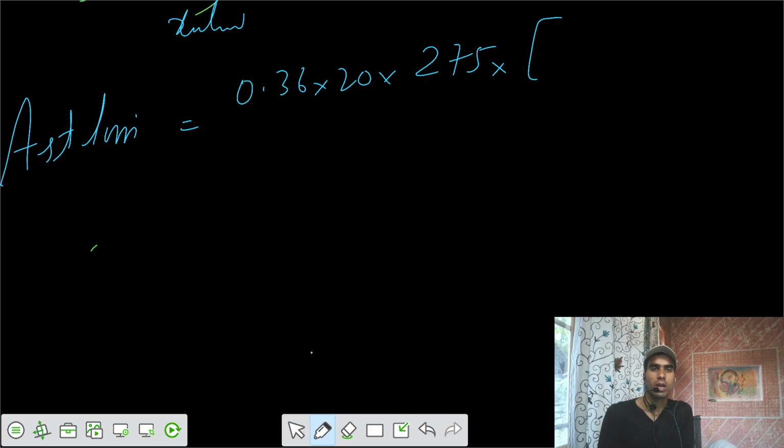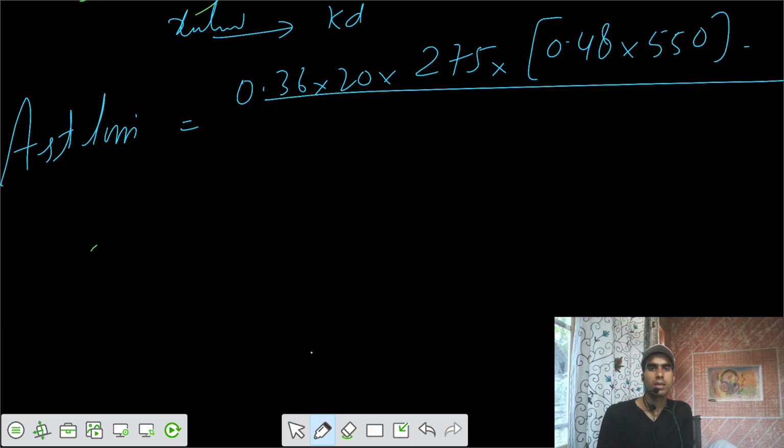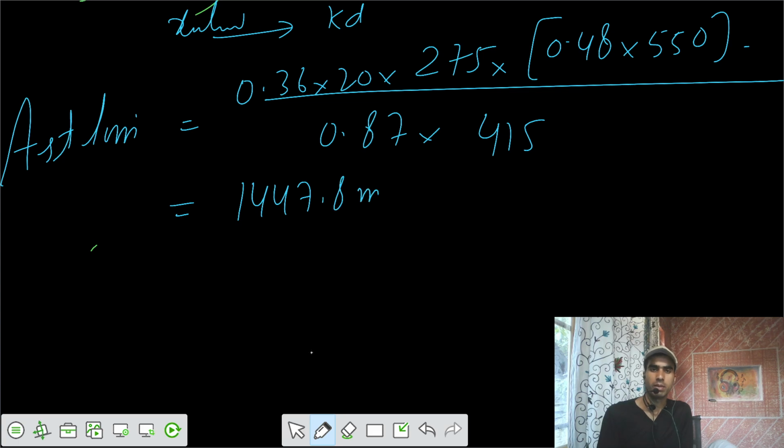The value of XU, we have to take XU limiting, that's K times D, 0.48 times D. The value of D was, I think, 550, divided by 0.87 Fy. 0.87 Fy into AST, that's your AST limiting. So you can get the AST limiting coming to be 1447.8 millimeters square.